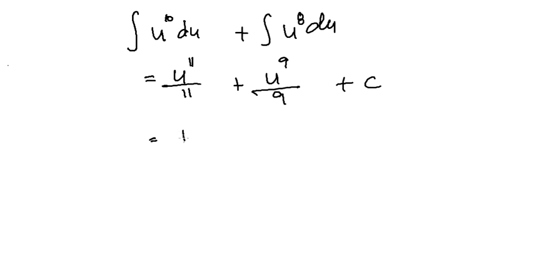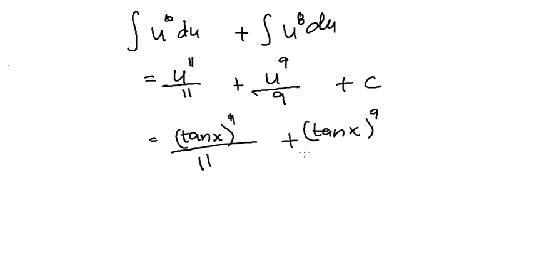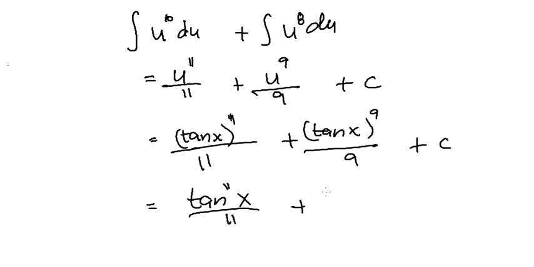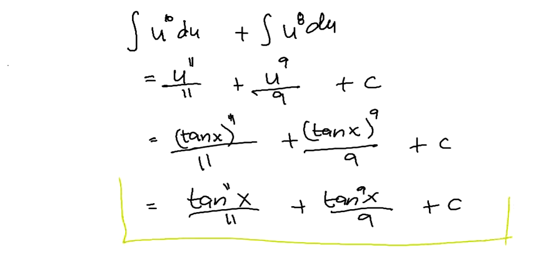So we have tangent x raised to 11 all over 11 plus tangent x to the 9 all over 9 plus c, or you can simply say tangent 11x all over 11 plus tangent 9x all over 9 plus c. So this is now our final answer.